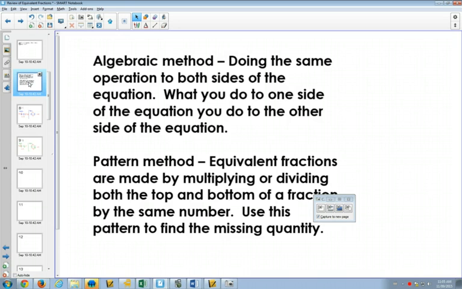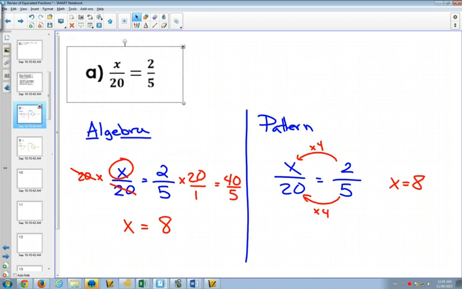Now in the pattern method, when we're looking at equivalent fractions, you might see that you get an equivalent fraction by multiplying the top and the bottom by the same number, or dividing the top and the bottom of the fraction by the same number. So in this first example, on the right side with the patterns, we notice that to go from 5 to 20 in a fraction, I multiplied by 4.